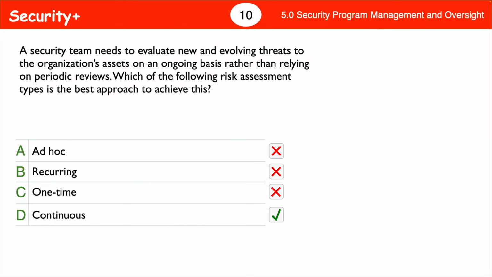B, recurring, is incorrect because that's a risk assessment conducted at scheduled intervals. This does not satisfy the requirement for new and evolving threats, but continuous does.